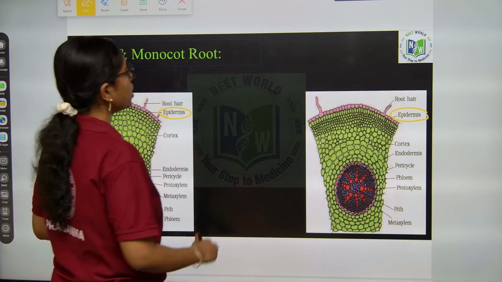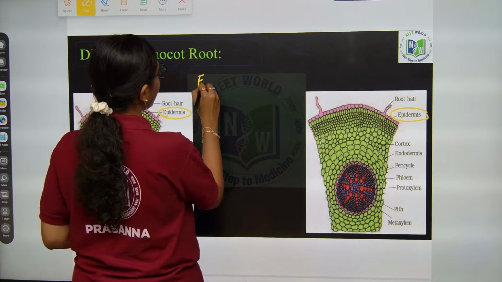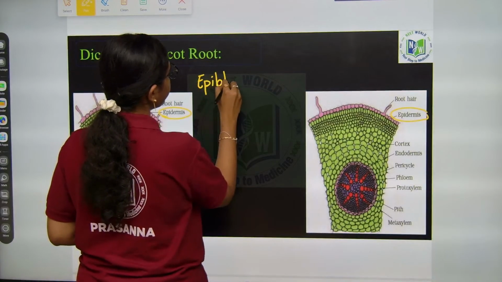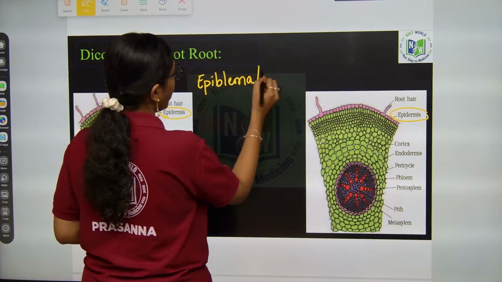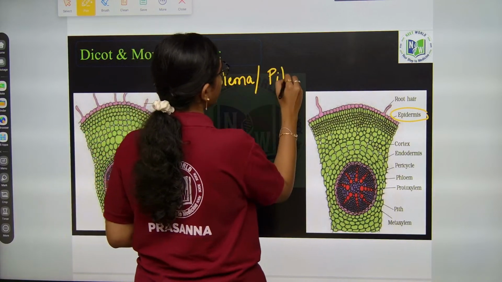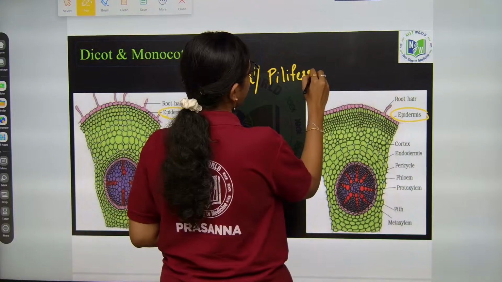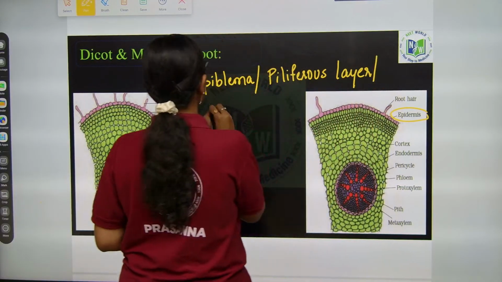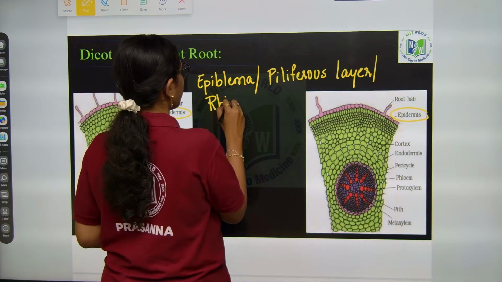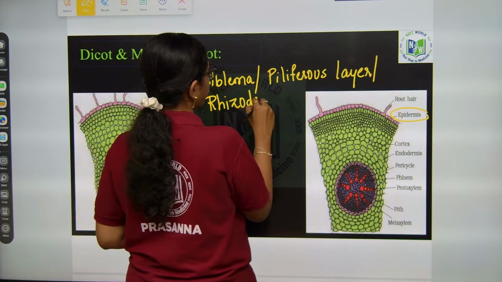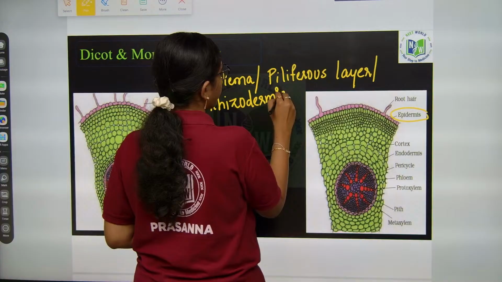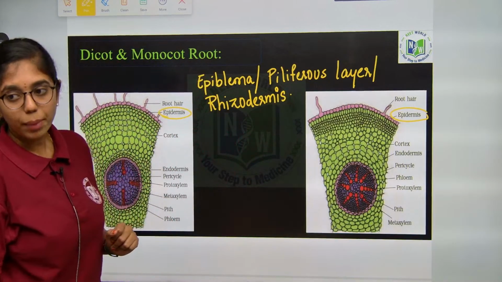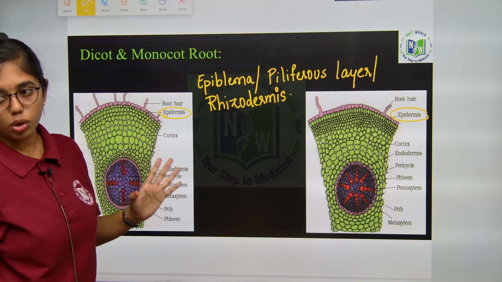As such, epidermis here is also called as epiblema or piliferous layer or rhizodermis. Fine. Epiblema, piliferous layer or rhizodermis.